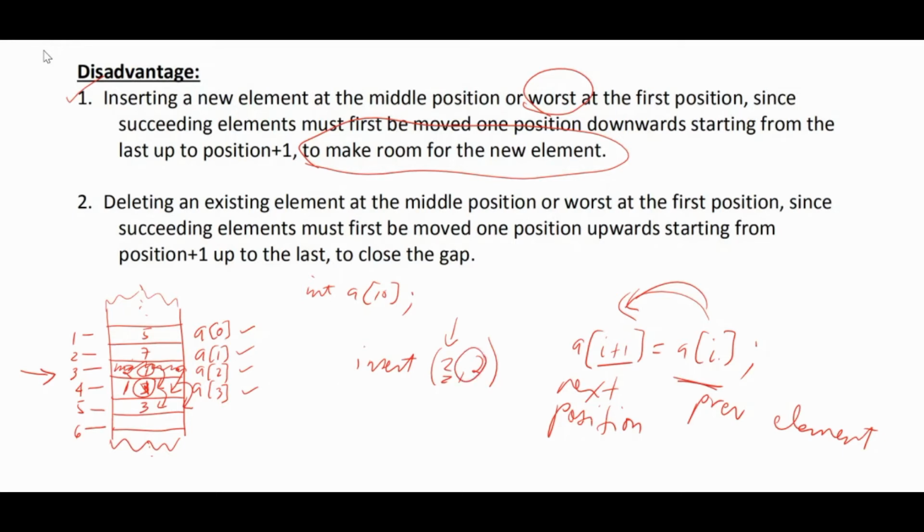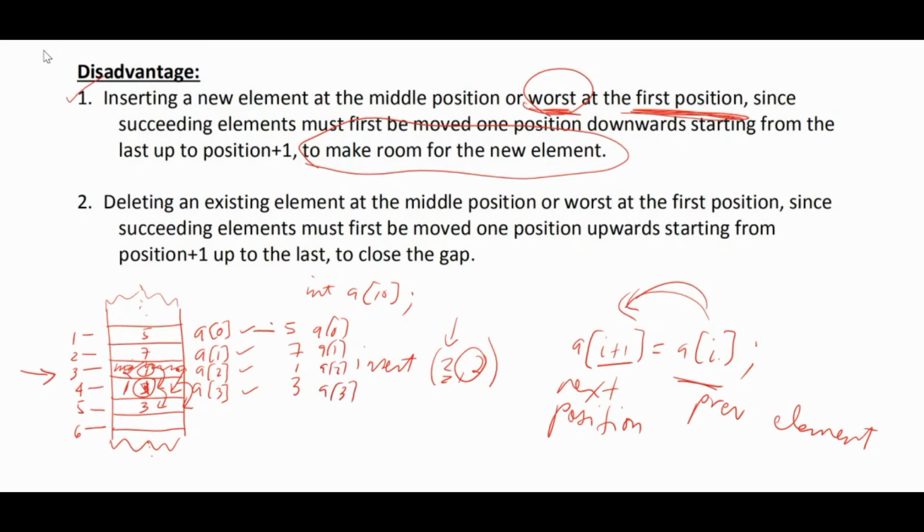Now, why is the worst position the first location or position? Because there will be many elements to be moved. Say, for example, the original array contains 5, 7, 1, and 3. This is your A0, A1, A2, and A3.